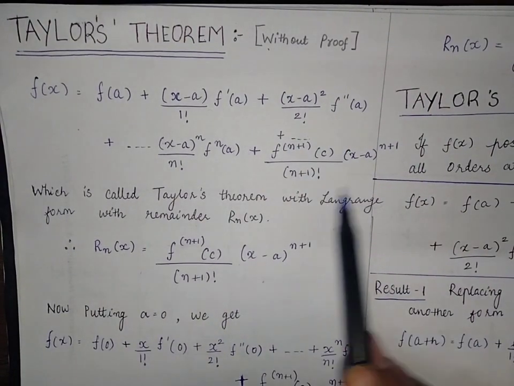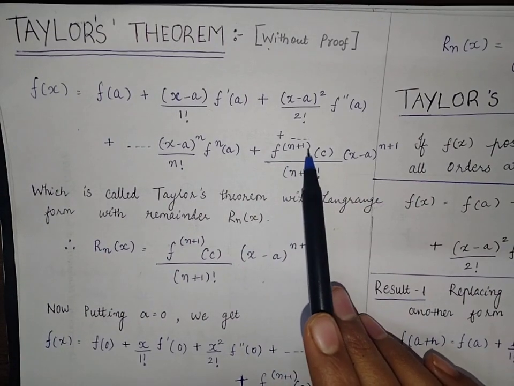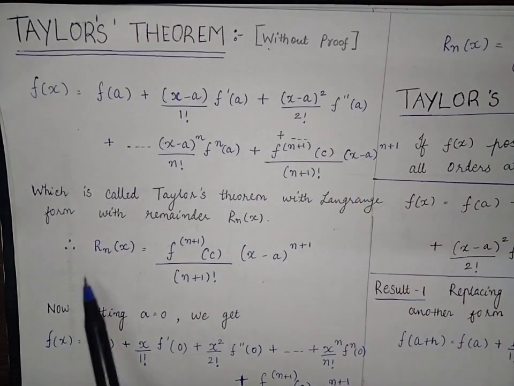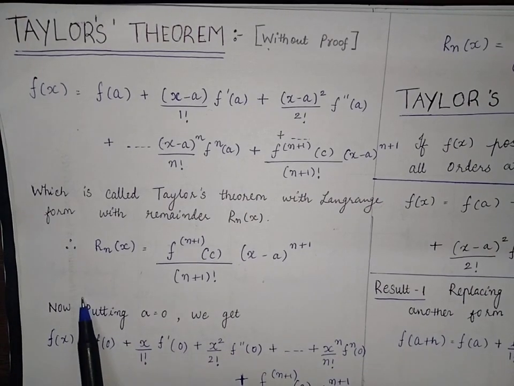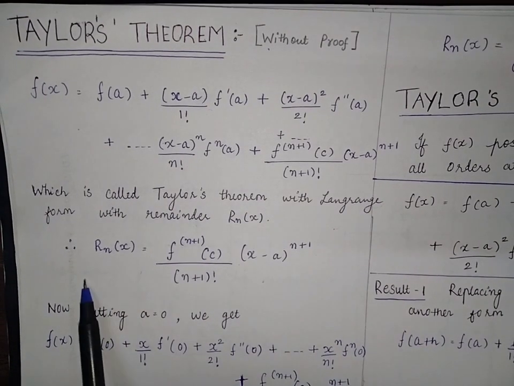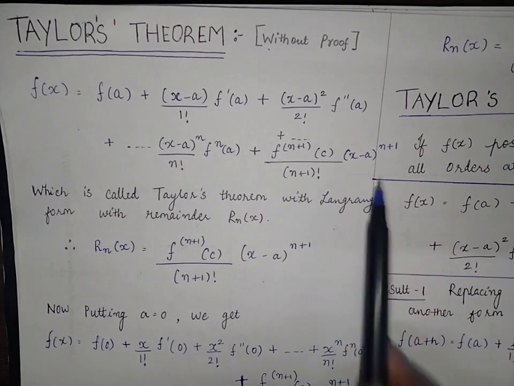This is the last term, which is the n plus 1 term. The n plus 1 term is called the remainder term, okay. In Taylor's theorem the n plus 1 term is called the remainder, okay. So in Taylor's theorem the remainder term will be this.